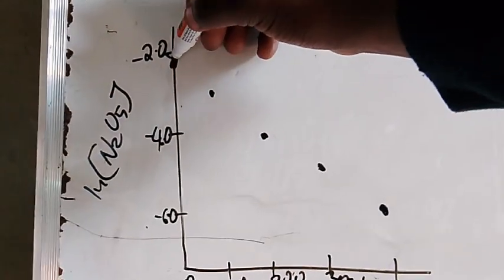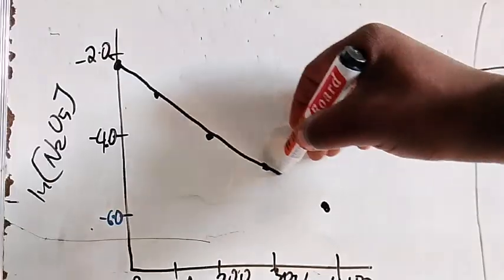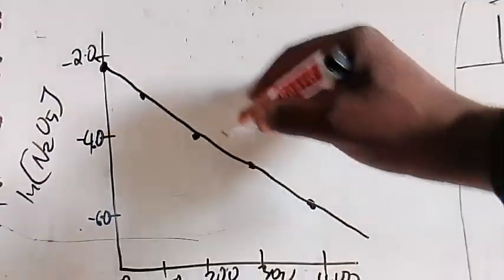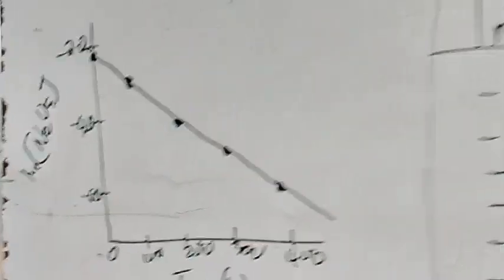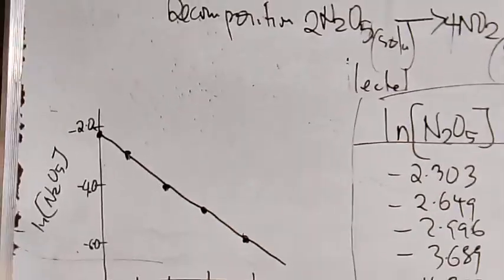So now you join these points, and you can see it is giving us a straight line. Okay, so when you do it on the graph paper, you see clearly.